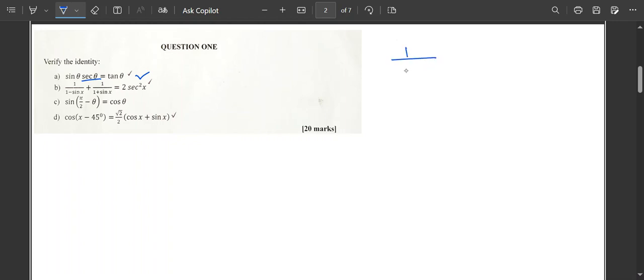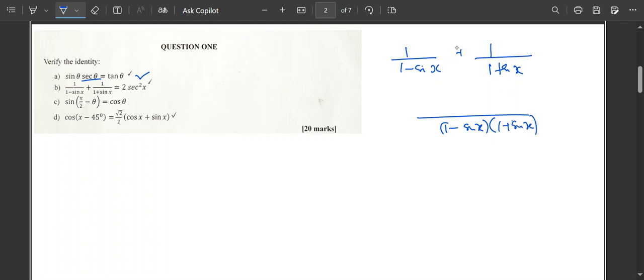All right, so I have 1 minus sine x, then plus 1 over 1 plus sine x. Okay, so what is common there is 1 minus sine x over 1 plus sine x, like that.